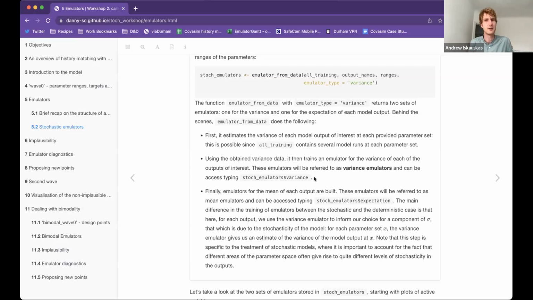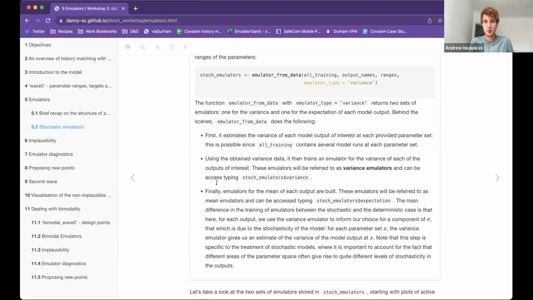There are some cases, particularly in stuff like systems biology, where you do have that information, and actually you can treat these variance emulators as part of the history match. So you could have targets about how stochastic you expect the model to be, and you could use those in the implausibility measure. But typically these just live here just in case in some sense, and it gives us a way to analyze the space and to actually get a feel for what's going on with the model.